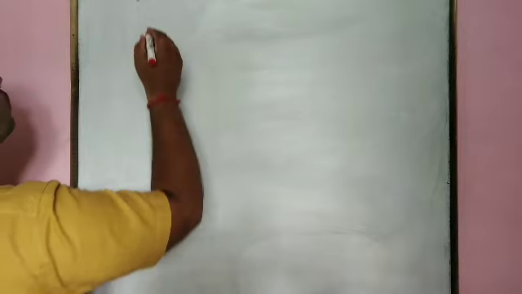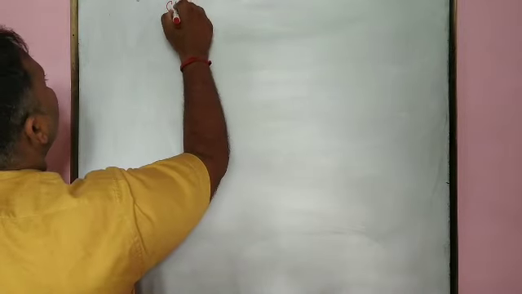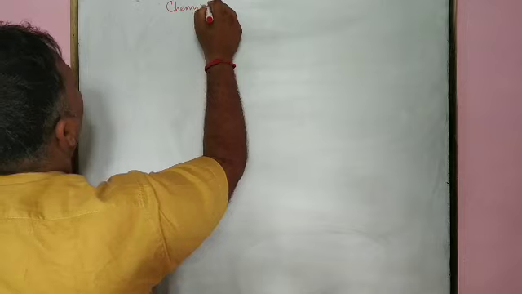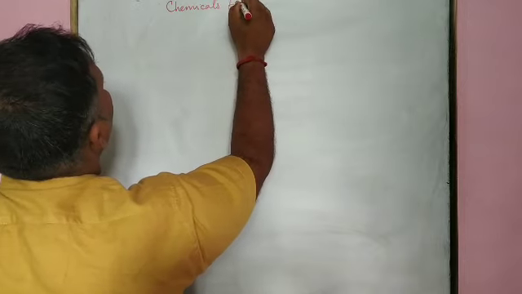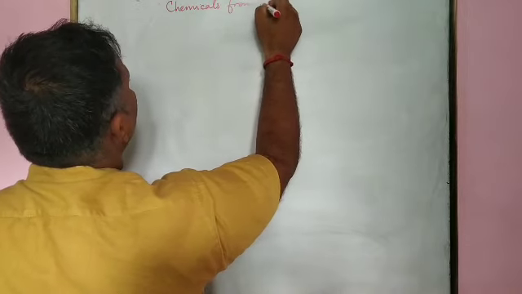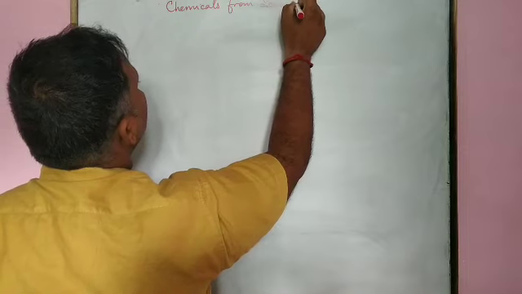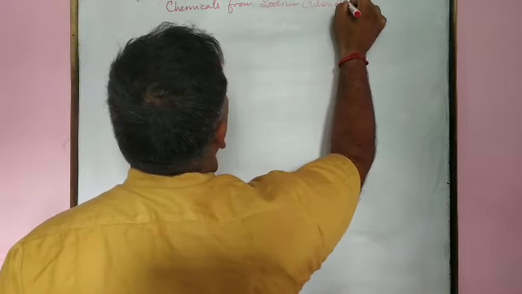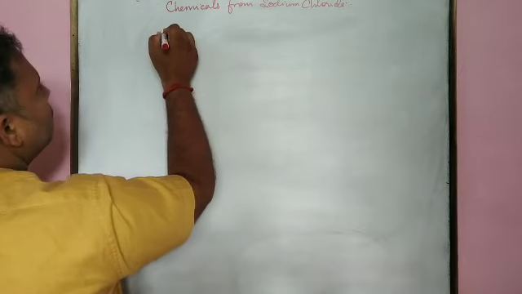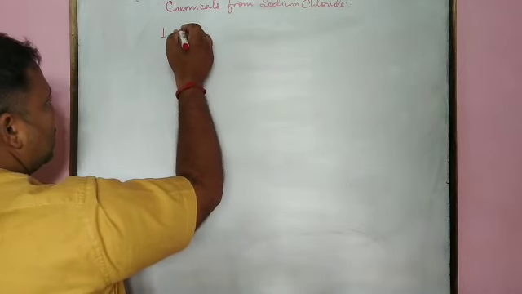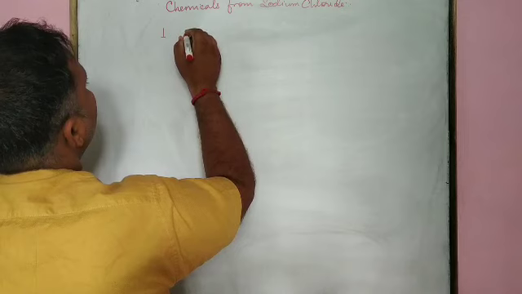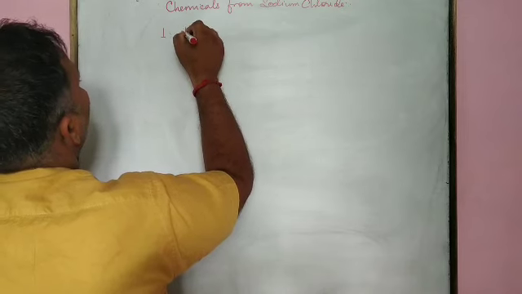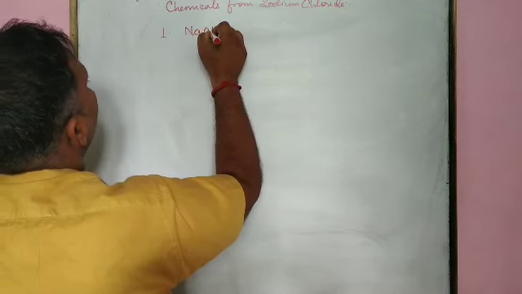Let us discuss chemicals from sodium chloride. The first one we will be discussing is sodium hydroxide, NaOH.